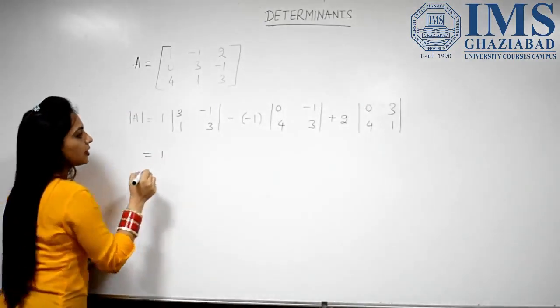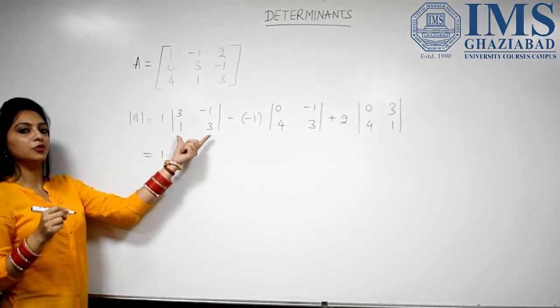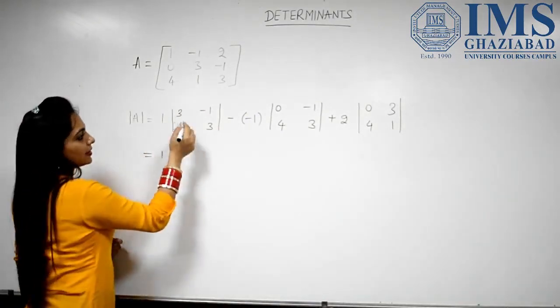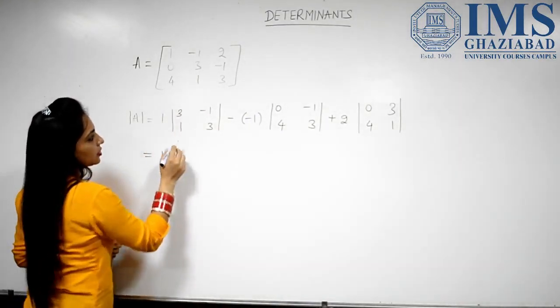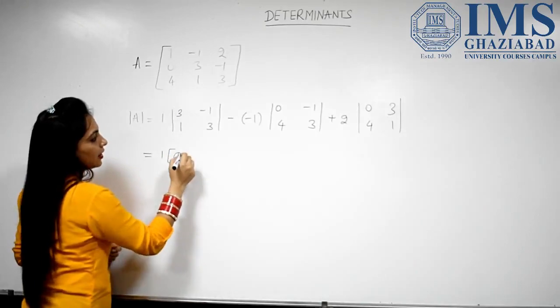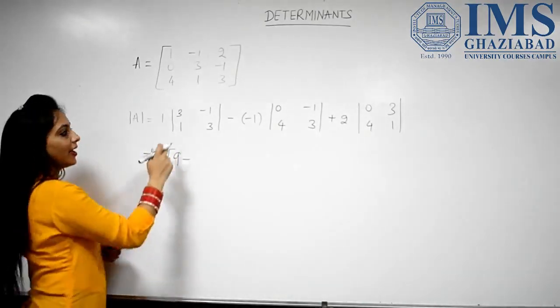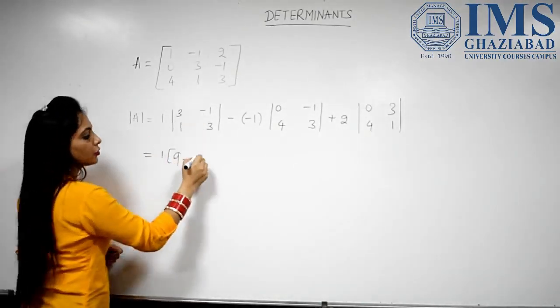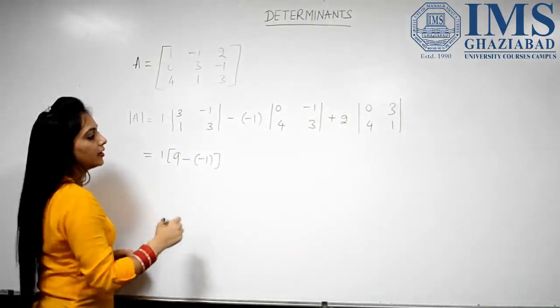We have already learned how to find the determinant of a 2 cross 2 matrix, so apply the same method here. See, 3 into 3 is 9. We have to put this minus sign and 1 into minus 1, so it will be minus 1.